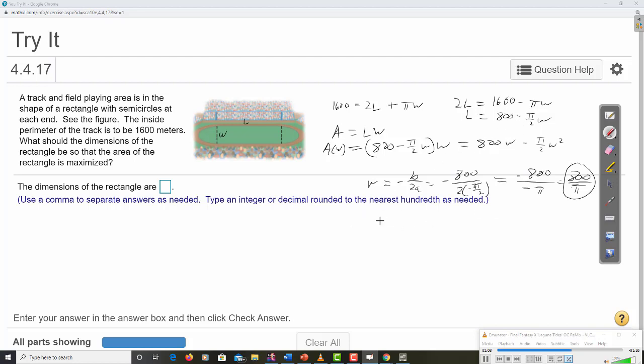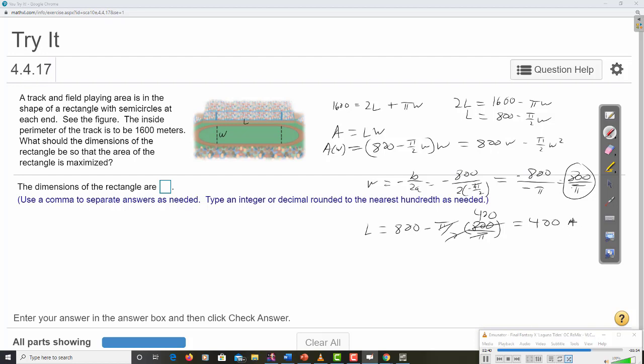Well, I've got a formula for the length. L equals 800 minus pi over 2 times 800 over pi. The pi's will go away, the 2 and 800 will get 400, so that'll be 800 minus 400, which is 400.